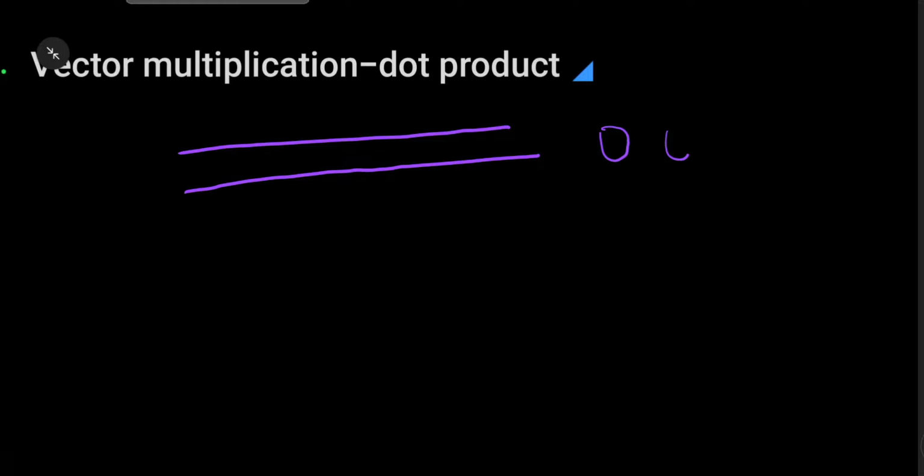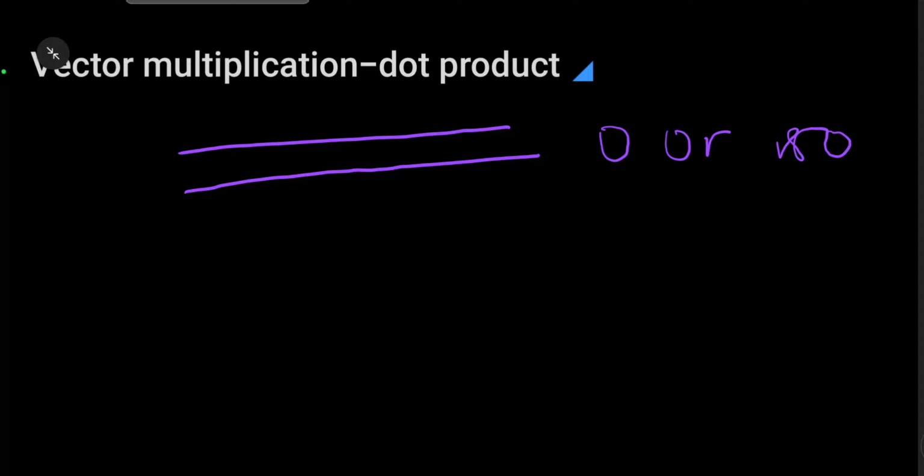Well, when two vectors are parallel, the angle between them is either 0 or 180. From our simple maths, we know that parallel lines are just lines in a straight line that never meet, so there's no angle between them, meaning the angle is either 0 or 180.